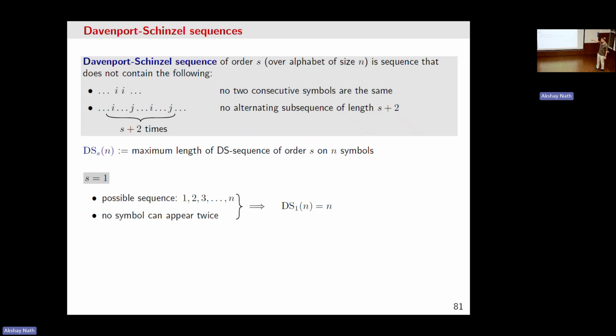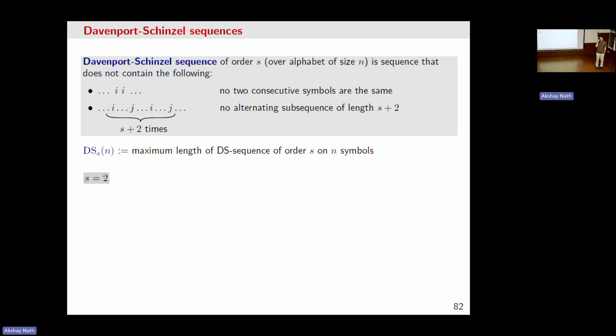As soon as I put a number, I cannot write the same number immediately again, because that violates rule 1, so I have to write something else. So I have some I, then I write something else, j. Now I'm not allowed to use I anymore, because it would violate rule 2. So this is just n.